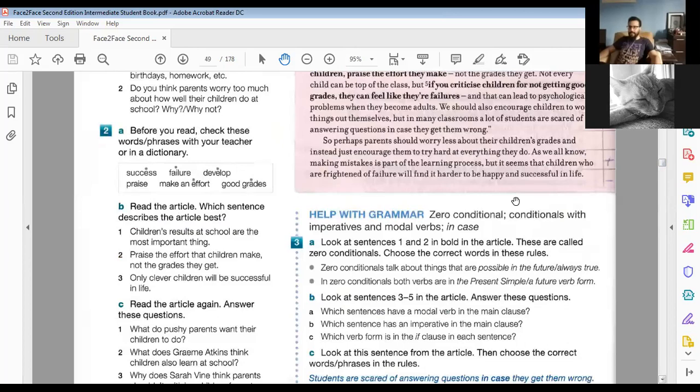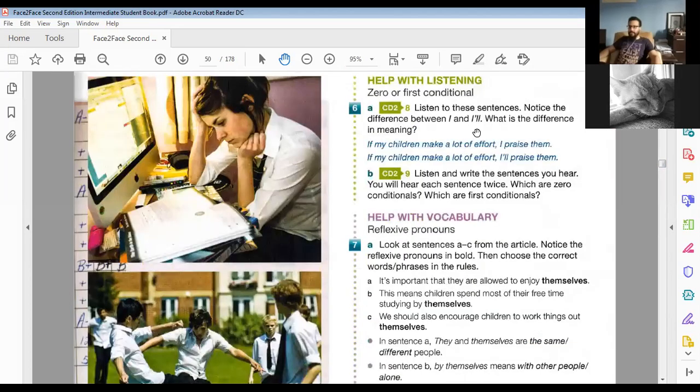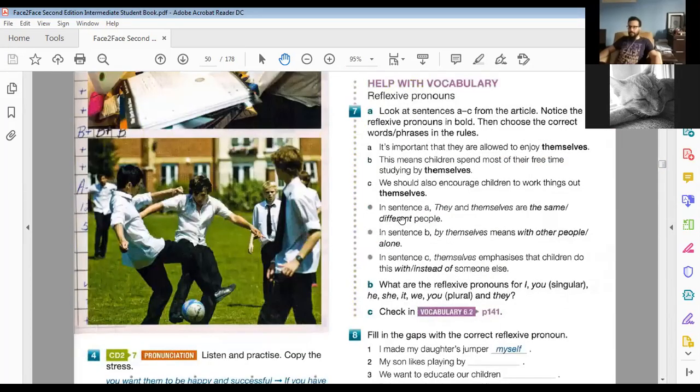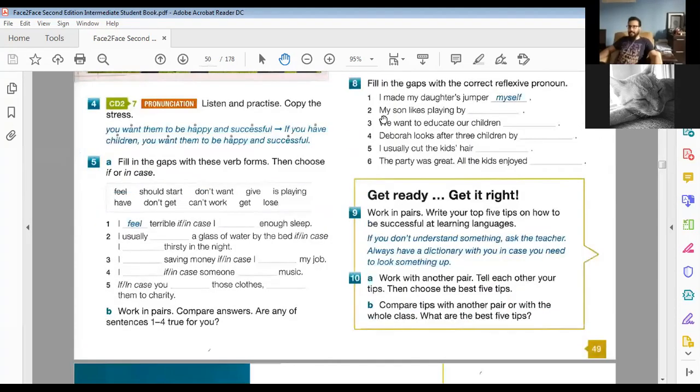Here it is. All right, let's do a few exercises. Now that we get the point, let's do number 8. Just use the correct reflexive pronoun, Ibrahim. Can you read number 1? Okay.